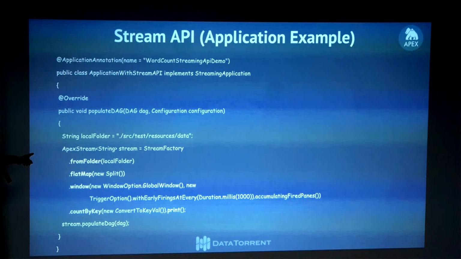It reads data from that particular folder line by line, then splits the line into words, and then it defines a window, what window we want for those inputs, and then we do a count by key for the window definition. And then print the result to standard output.